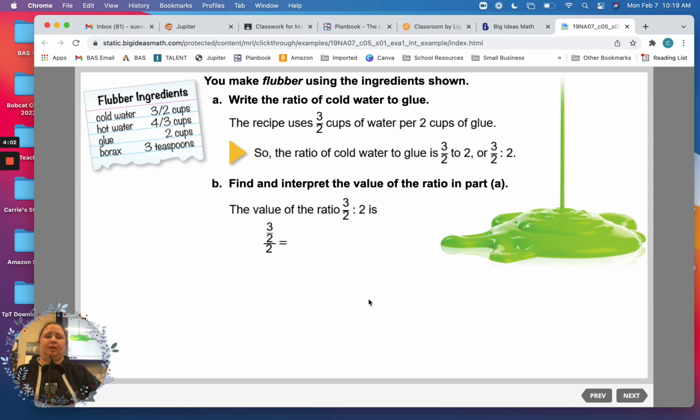Flip it and multiply. So it'll be 3 halves times 1/2. Be writing this in your journals. This is all example 1, A and B. Now we simplify. What's 3 times 1? 3. And 2 times 2? 4. So comparing cold water to glue is 3 to 4.